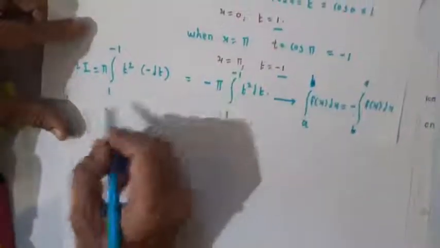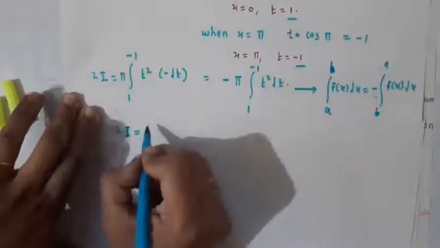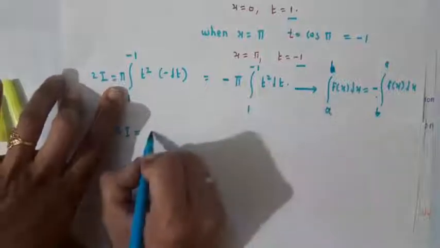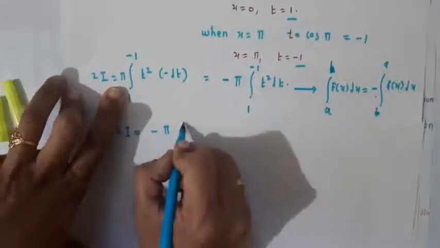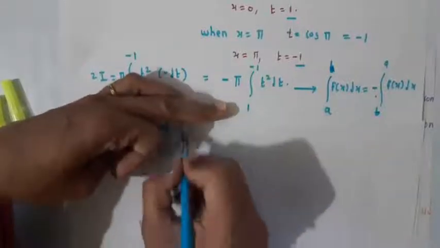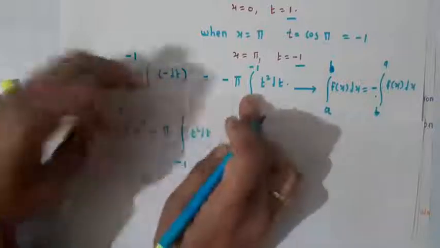here the integration will be 2I, this minus sign, minus pi, and we interchange the limits of integration, that is minus 1 to 1, and that is t square with respect to t.